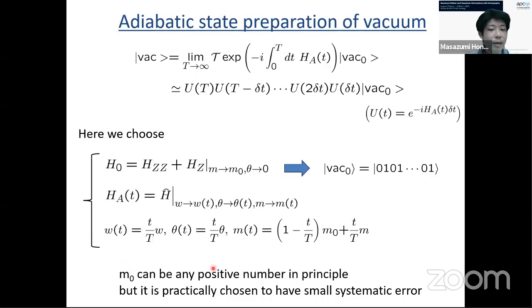M0 is a kind of free parameter. M0 can be any positive number in principle, but practically it is chosen to have small errors in numerical simulation. And finally, at the final time, capital T, we have the full lattice spacing, full theta, and full mass.